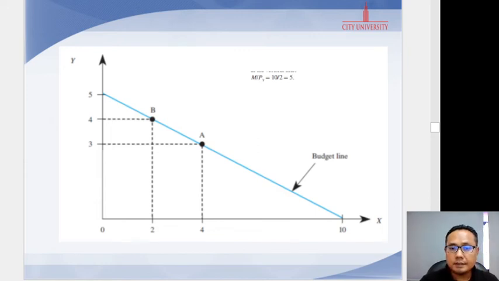So the horizontal intercept is M by Px, equal to 10 by 1, that means equal to 10, and represents the maximum amount of good X that can be purchased. So the slope of the budget line can be negative Px by Py.